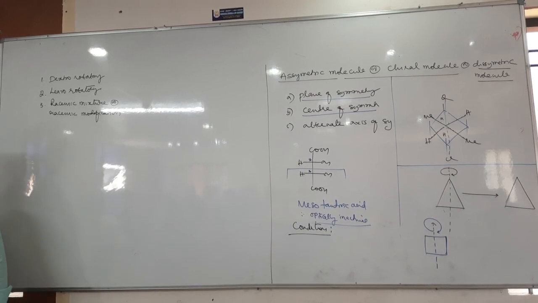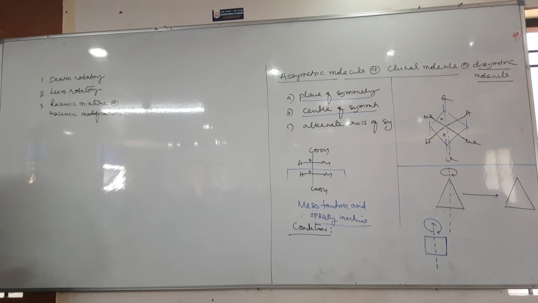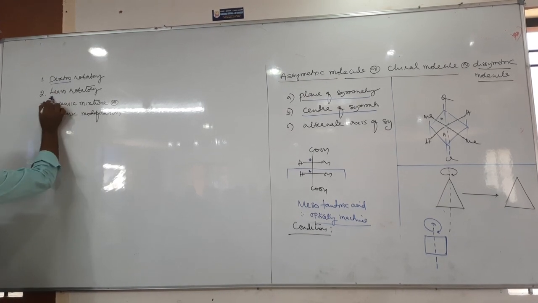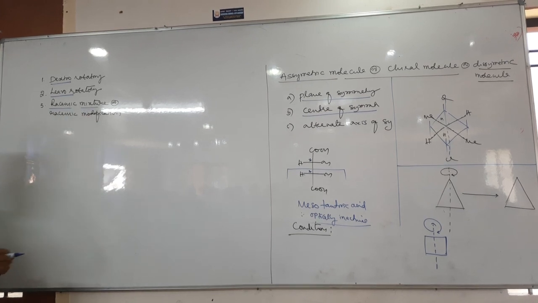So based on optical activity, organic compounds are classified into dextro, levo, and racemic mixture.